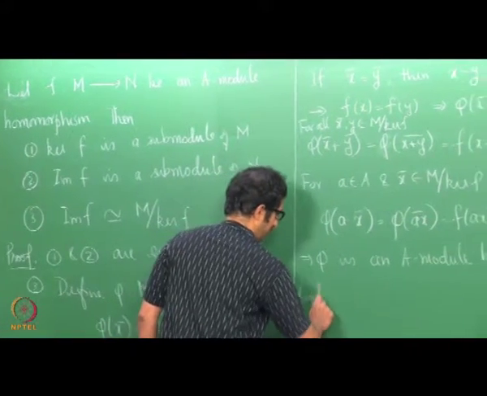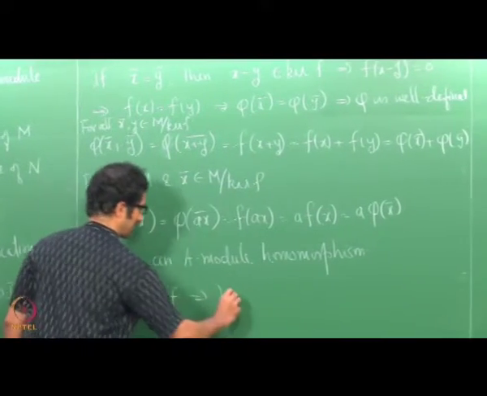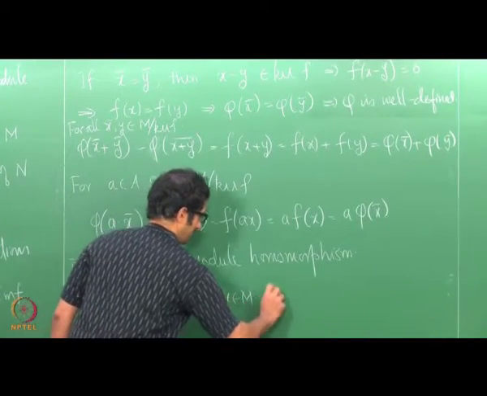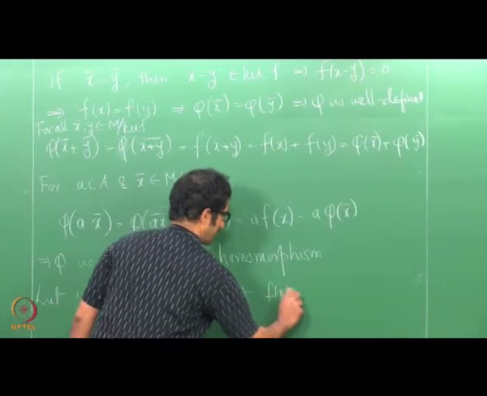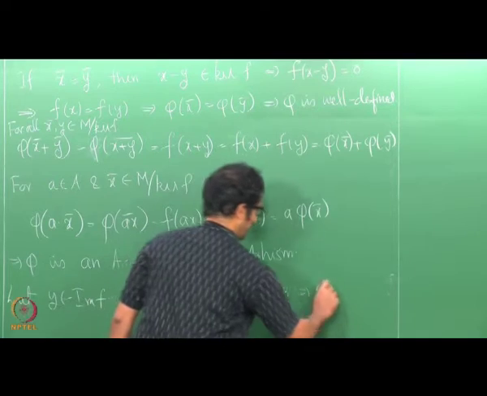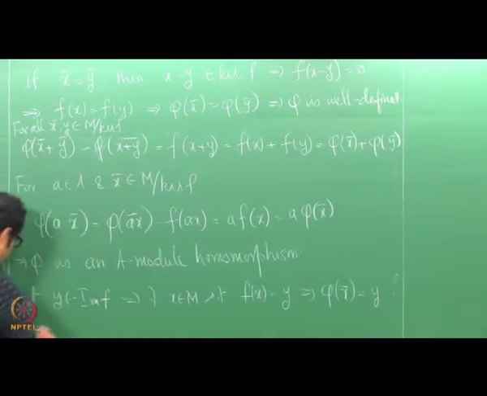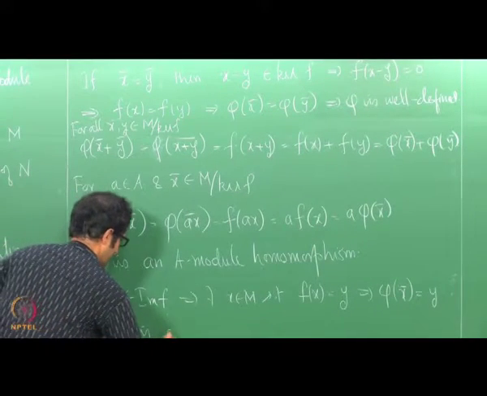So, let y be in image f, this implies there exists x in M such that f of x is equal to y, and that implies phi of x bar is equal to y, that implies phi is surjective.